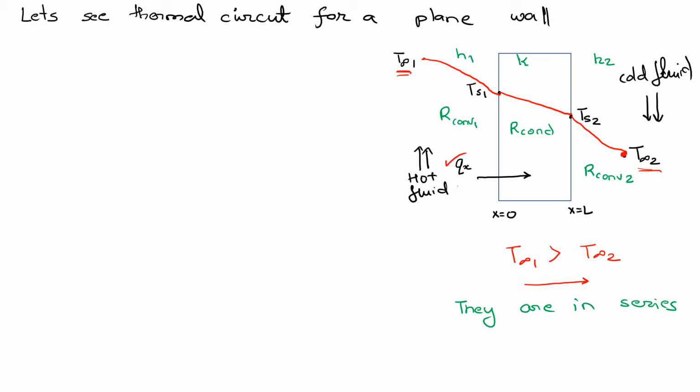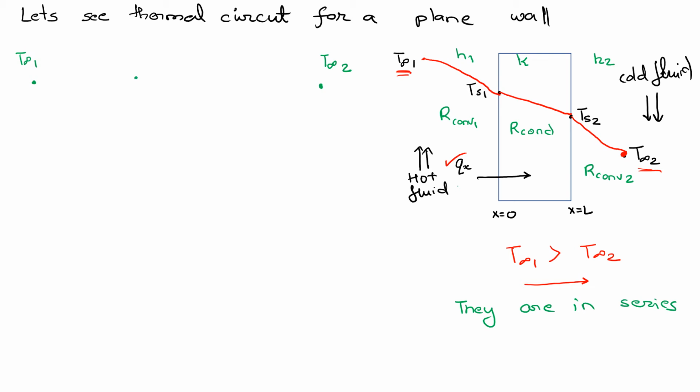Okay, so it helps. So when you have this, the first thing that you must do is always have the two extremes drawn. So let's say these are our two extremes, T infinity 2 and T infinity 1. Okay, then draw the temperatures that you know.